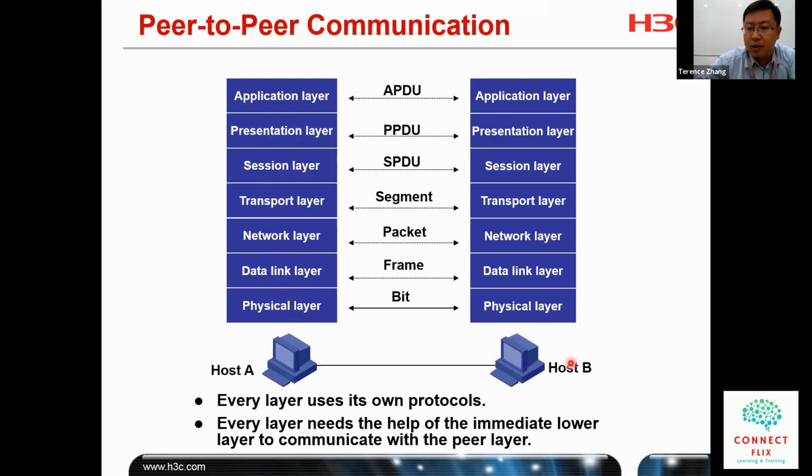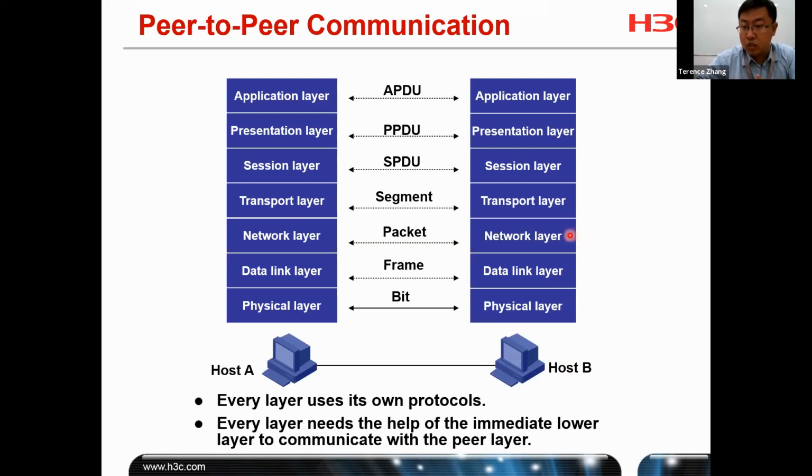And to host B, host B does the opposite job, just like host A did, in an opposite way. So host B received the physical layer's information, the bits, and took off the unnecessary information and passed it to the data link layer, and delivered to the network layer, which finds, oh, this is for me, it's not for somebody else, right?